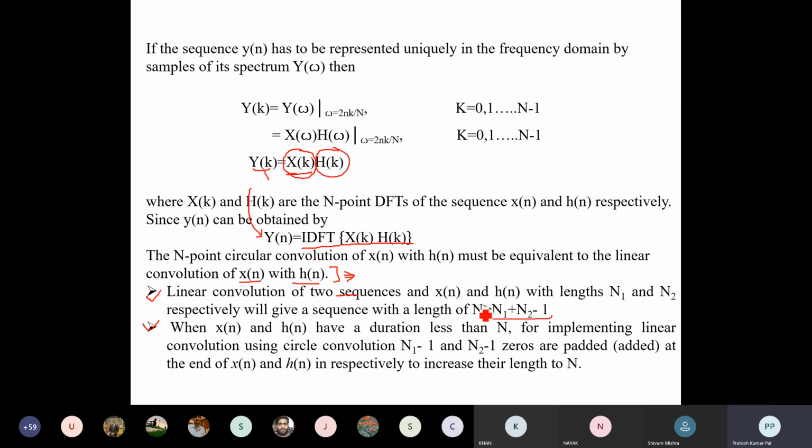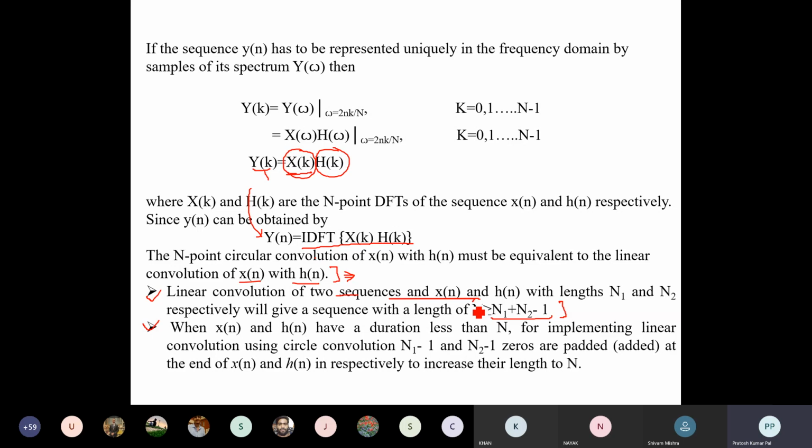So in that case, first of all we need to calculate the length. If two sequences of lengths n1 and n2 are there, we need to find n1 plus n2 minus 1.